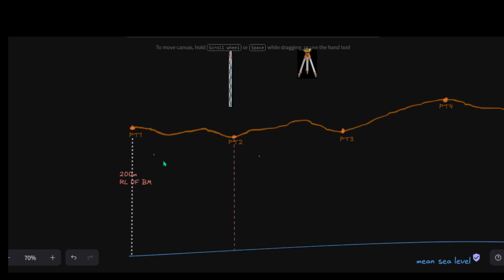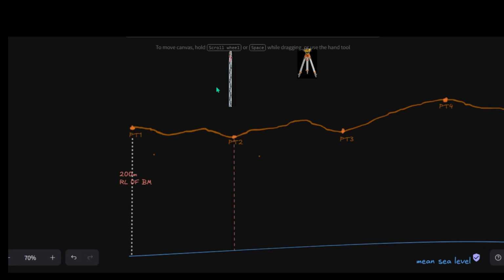I've already seen a point on the Earth's surface which has a known reduced level, and I already know the height to be what? To be 200 meters. We call it the benchmark because it is a point known on the Earth's surface which has a known reduced level of 200 meters.